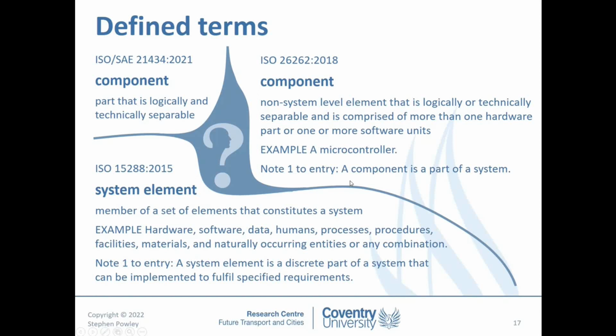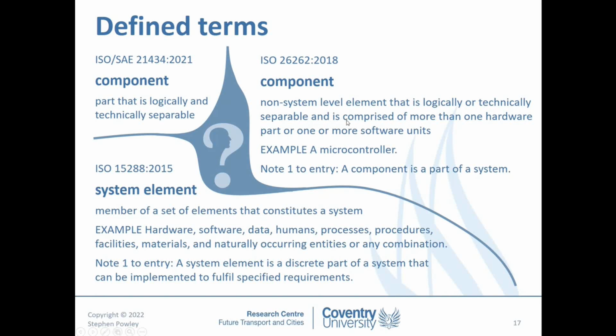Now in ISO 26262, we don't have the same definition. We have a non-system level element, which has been named a component. So we can see that there's some similarity there. Non-system level sounds like it might be the same as something that constitutes a system. But we introduced this new idea of logically or technically separable.